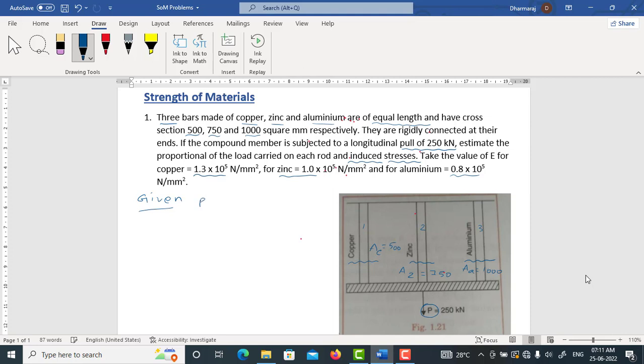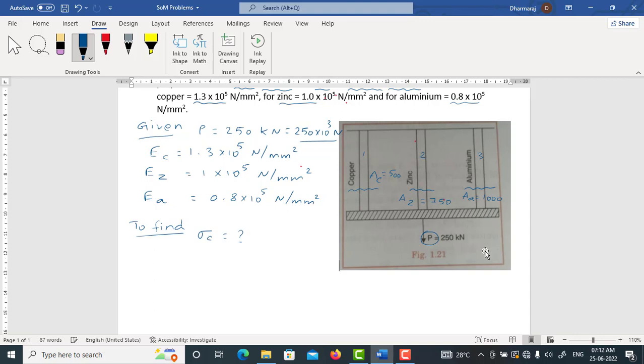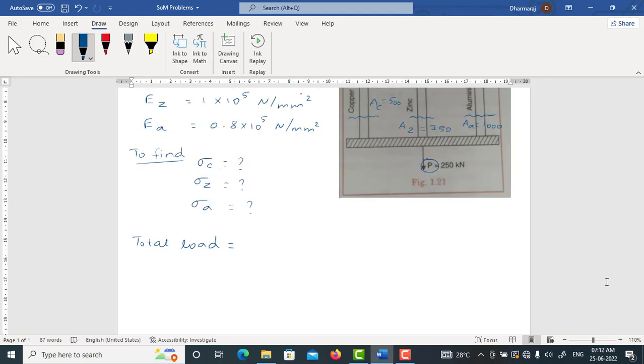Let us start by writing the given data, that is the load and Young's modulus for all three materials, and the quantities we are going to find, that is the load shared and the stress produced in each bar. The total load: load on copper plus load on zinc plus load on aluminum equals 250 kilonewton, that is 250 into 10 to the power of 3 Newton.